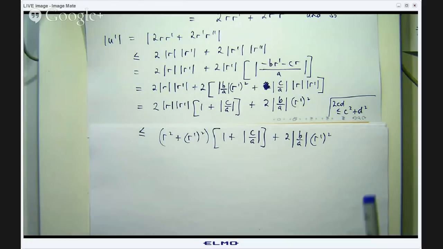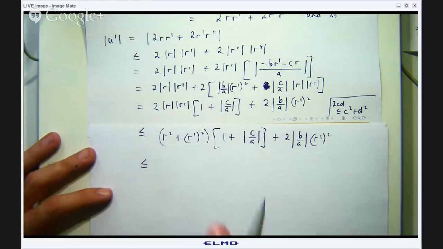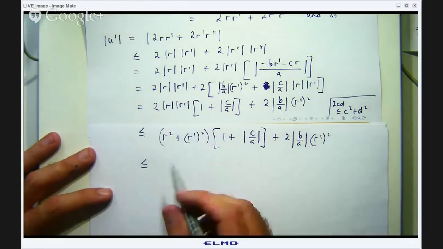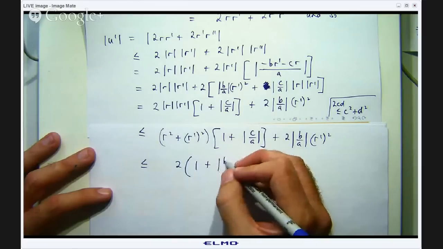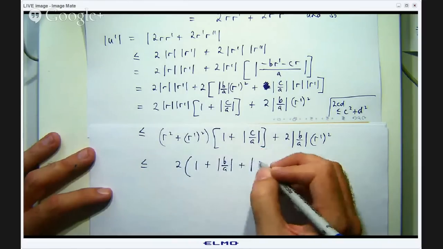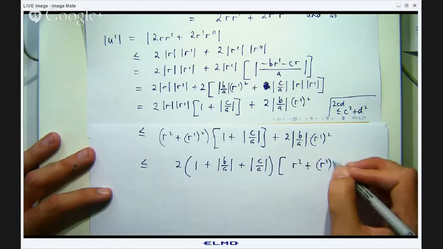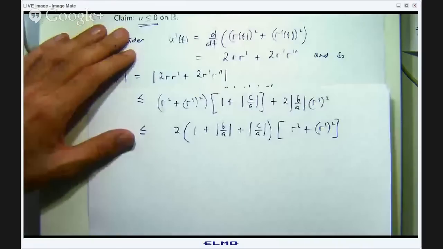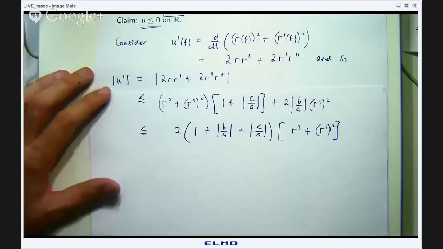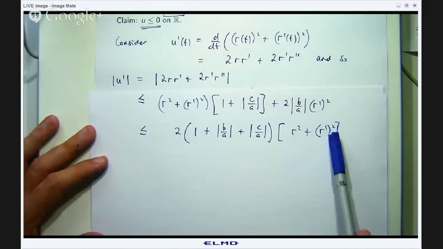Well, I can write this in the following way. What I'm going to do is try to team up this with this, and you'll see what I mean in a minute. If I form a big constant out the front, let's write it like this. Then I've now got an inequality on the absolute value of this derivative involving R squared plus R dash or R prime squared.